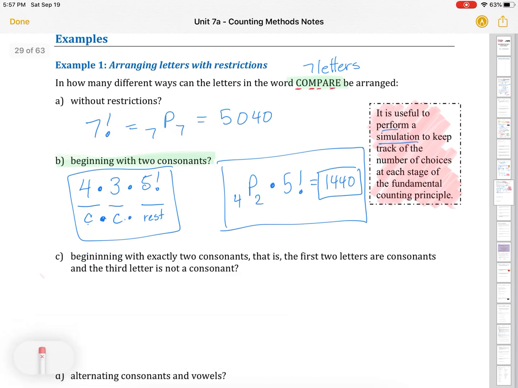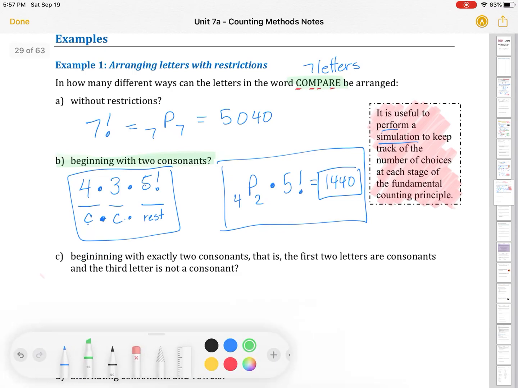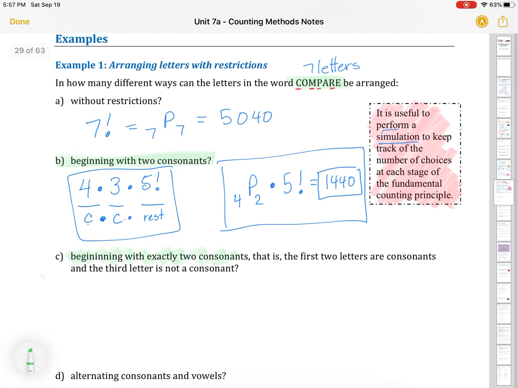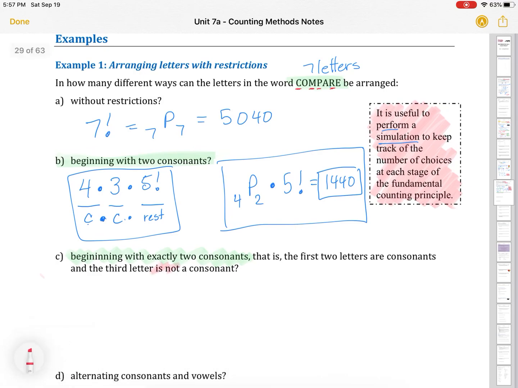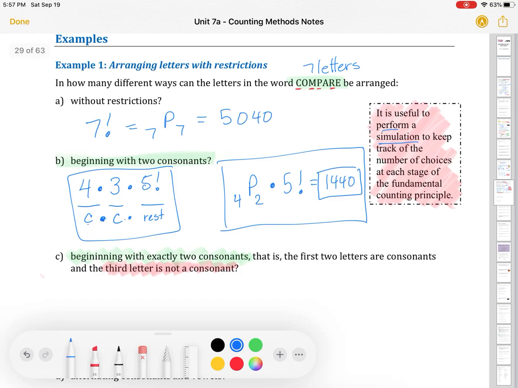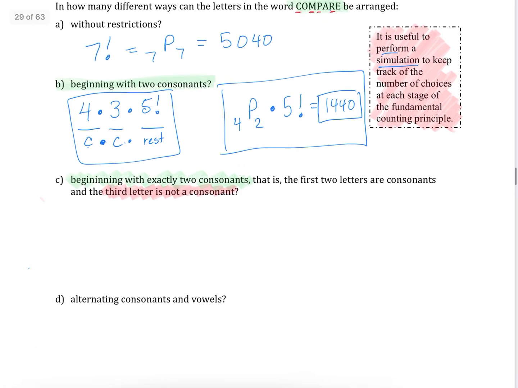Let's look at some different restrictions, beginning with exactly 2 consonants. That is, the first 2 letters are consonants, and the third letter is not a consonant.